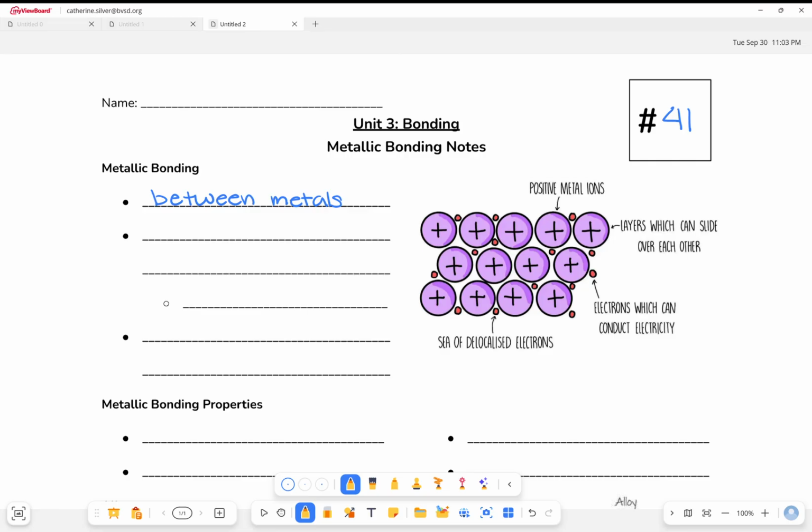In metallic bonding, we have valence electrons that are delocalized. And what that means is they are not confined to a single atom.